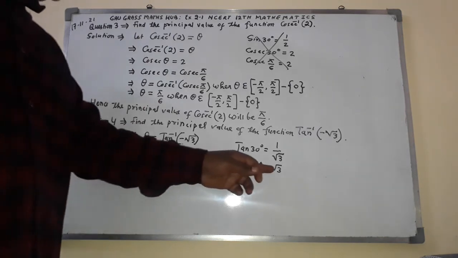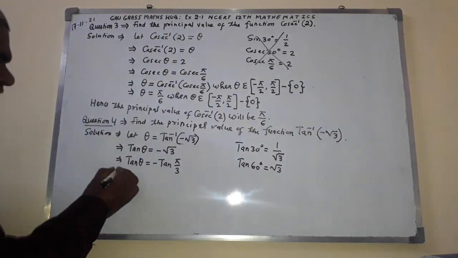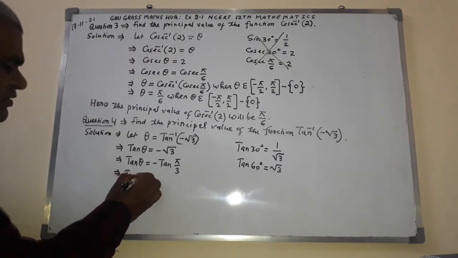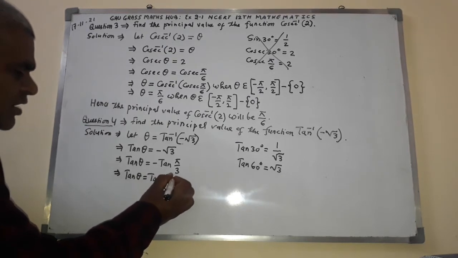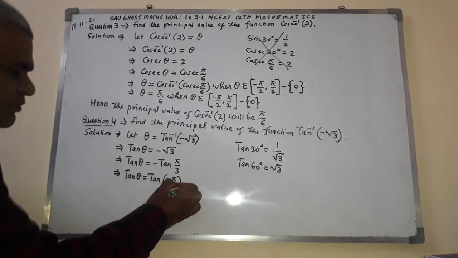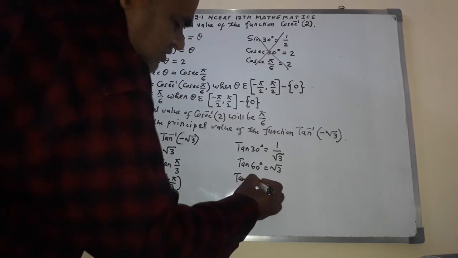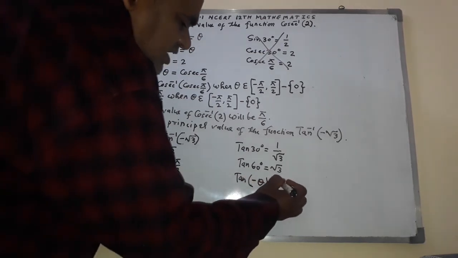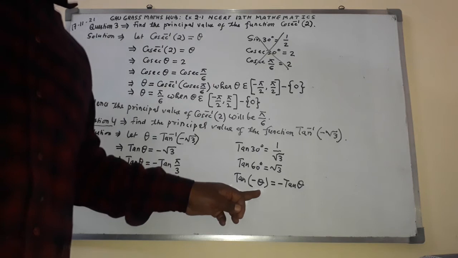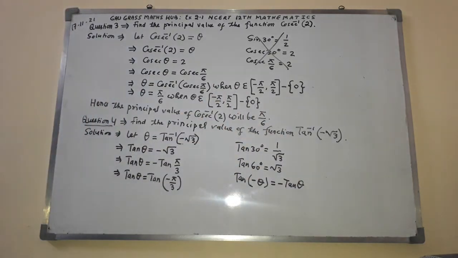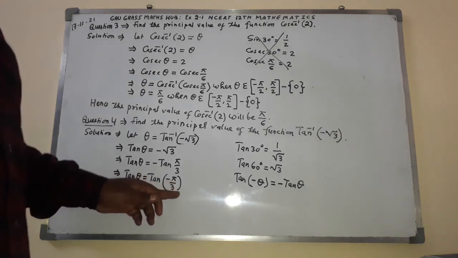So tan theta equal to tan in bracket minus pi by 3, because tan in bracket minus theta equals minus tan theta.